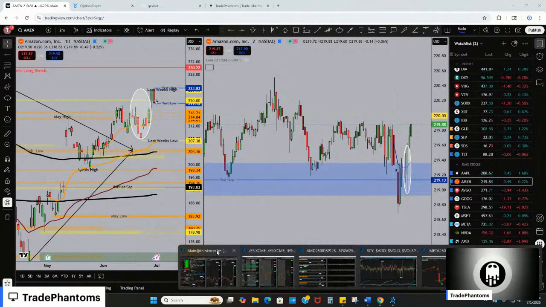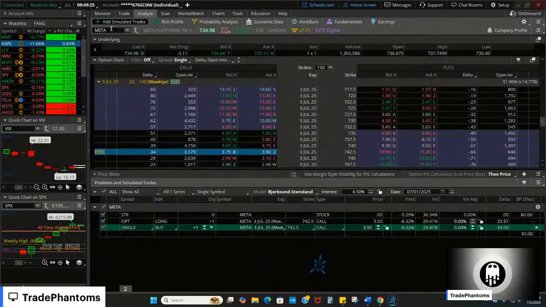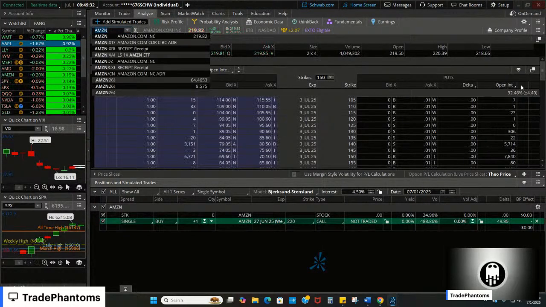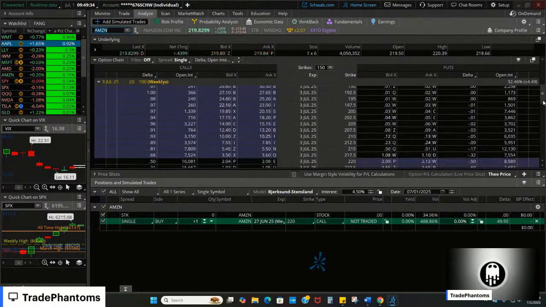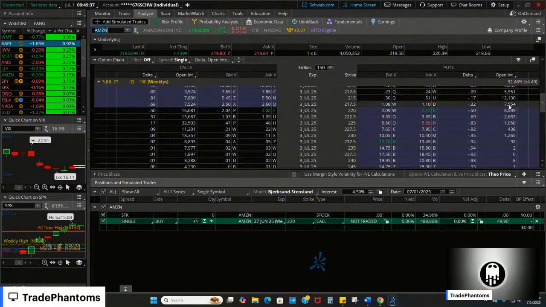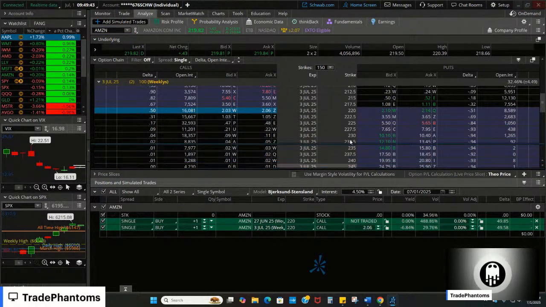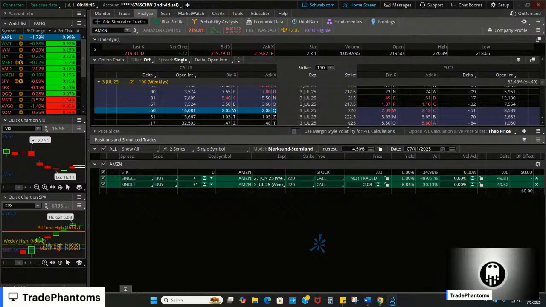Amazon looking like it wants to have some follow through here, long call. Meta's trying to pop. Let's see if I get the at the money's Amazon here, 220 strike, give or take. They're going for about $2. SPY's trying to pop.